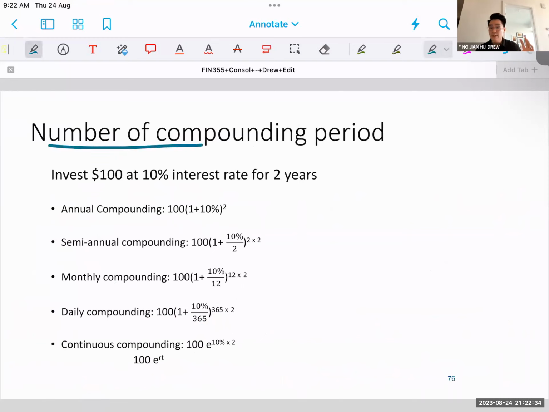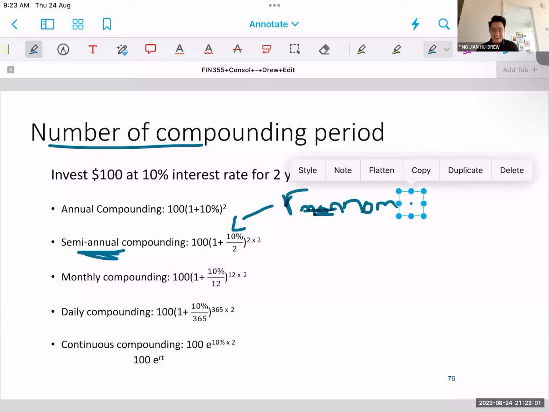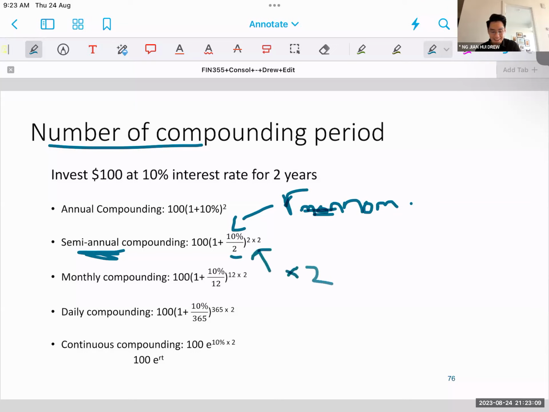Number of compounding periods: you have to be very skillful in understanding this. If you do semi-annual compounding, make sure that you divide your rate, because remember this rate is called the nominal rate, R NOM. Because it is semi-annual, you need to divide by 2, and the number of periods must be times 2, right?